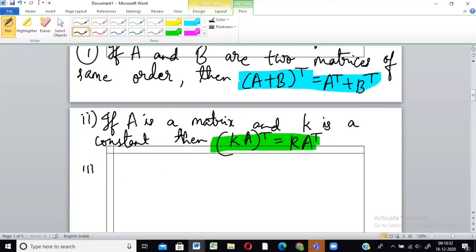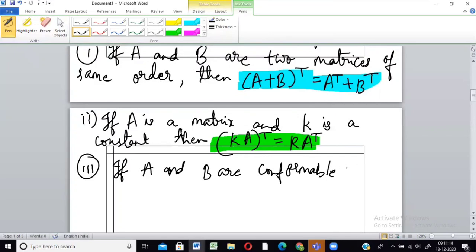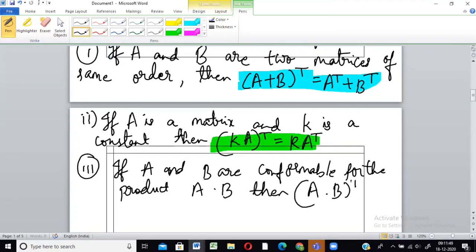Now the next one, if A and B are conformable for the product AB, then A into B, the whole transpose, will be equal to B transpose into A transpose, okay?